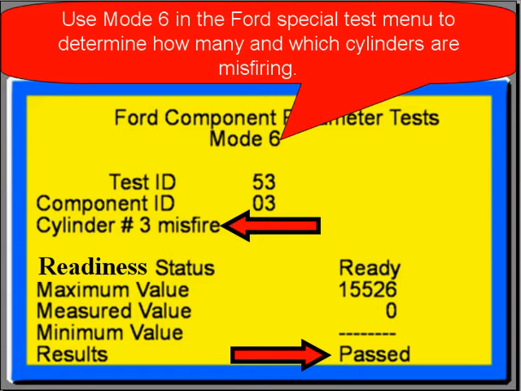Now, if you don't have an ignition scope, go to your scan tool and use mode 6 under the Ford Special Test menu. Mode 6 is in the main menu under Special Test. This will help you determine how many and which cylinders are misfiring.